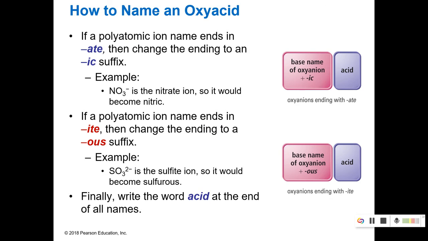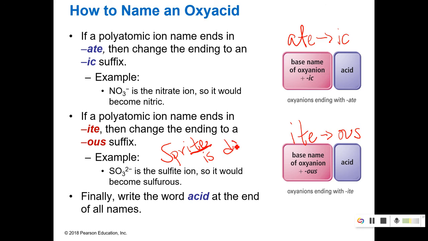Okay, then for oxyacids, you will need your polyatomic chart for this. And what's important to know is that ate goes to ic acid, and ite goes to ous acid. Okay, and some students like to remember it like this: Sprite is delicious.